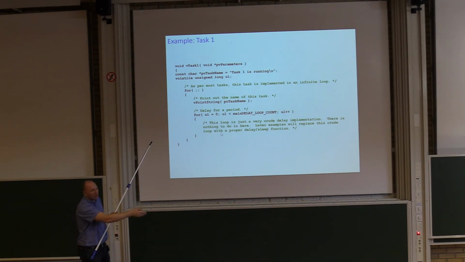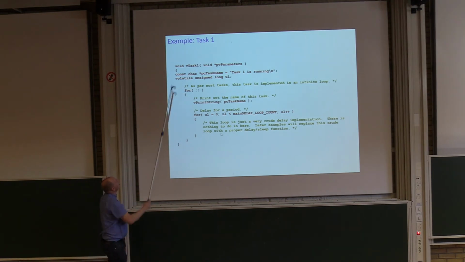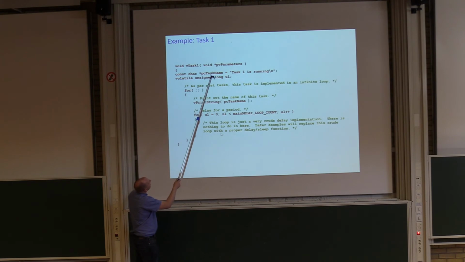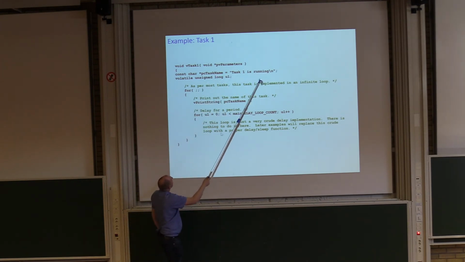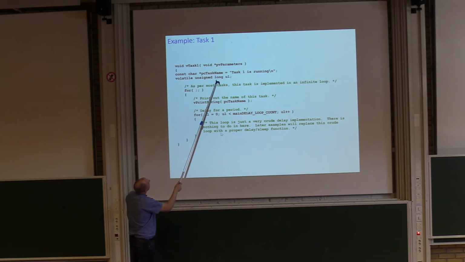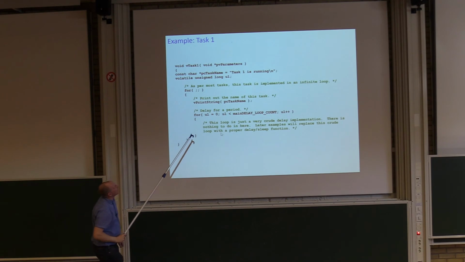We have some xTaskCreate that will specify this task function, and then if we look at what's going on inside here, we will have a variable called pcTaskName, which is a string, and we'll have some other variable that is an unsigned long. So long here is an integer that has more bits than the normal integers, so typically it's twice the size. It's usually 64 bits these days.